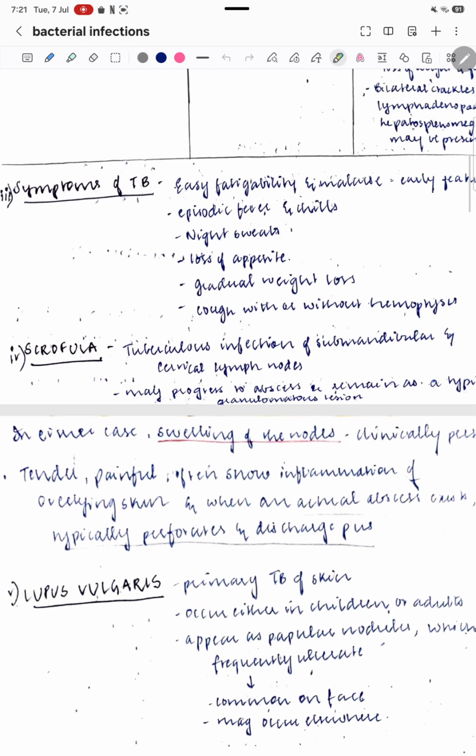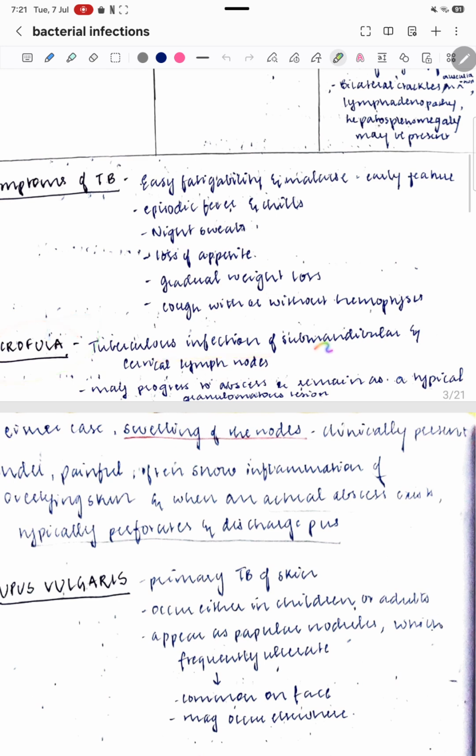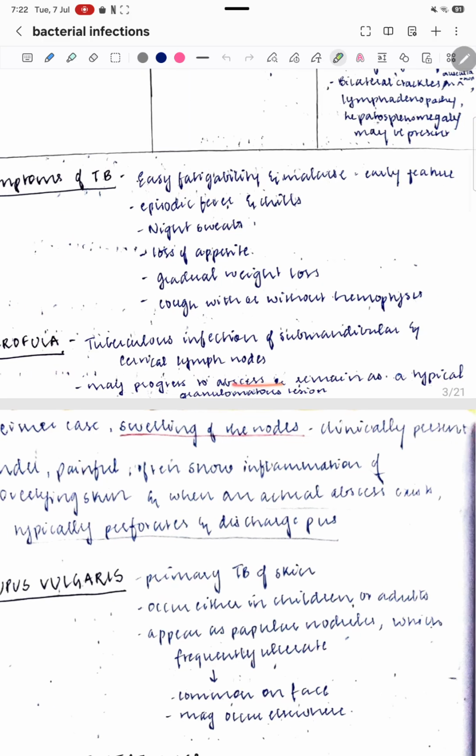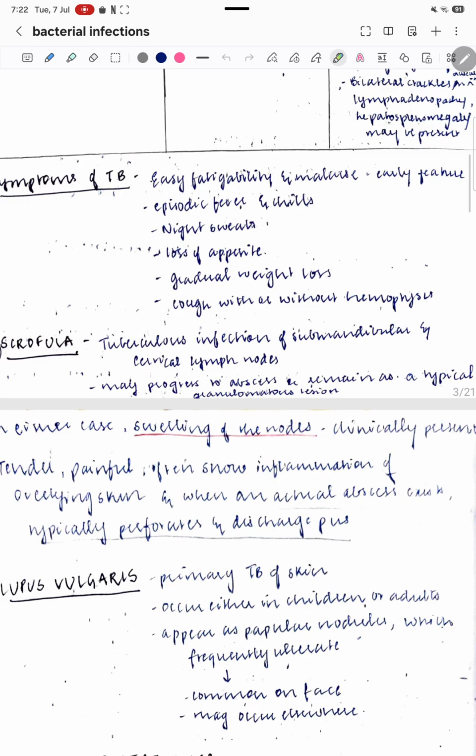Now coming to what is scrofula. Scrofula is tuberculosis infection of submandibular and cervical lymph nodes. So scrofula is very important for us because this is the submandibular lymph node infection, which also occurs in the cervical lymph nodes. It may progress to abscess and remain as a typical granulomatous lesion.